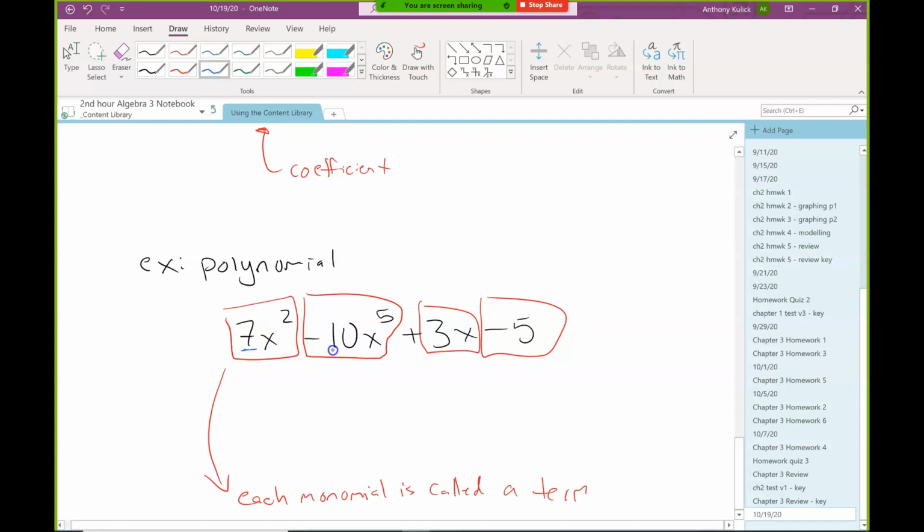And then we have our coefficients. So we have negative 10, 3, and negative 5. Is that okay? The degree of the polynomial is the biggest exponent.